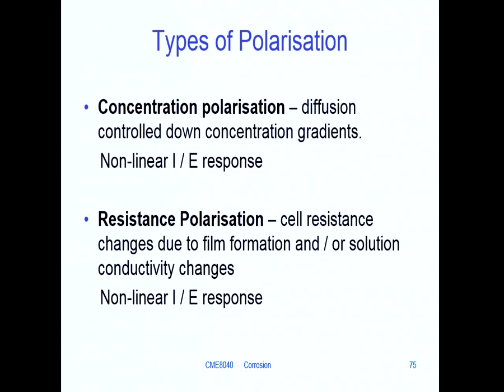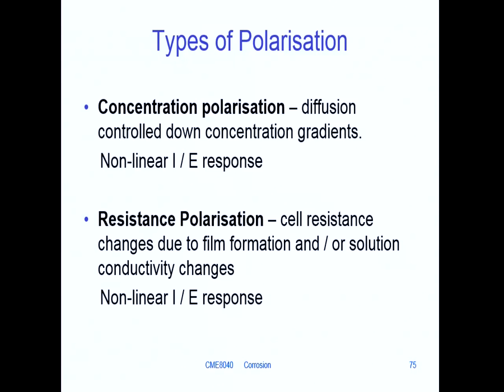So the solution itself changes in conductivity, and you get resistance polarization as a result. These are the two reasons why you get polarization curves instead of just seeing linear Evans diagrams. Okay, so that's more or less where we were.